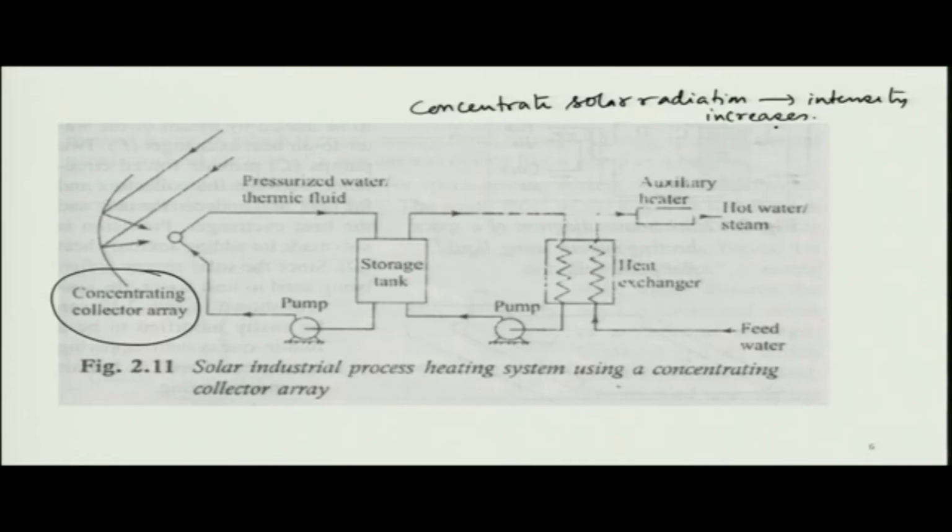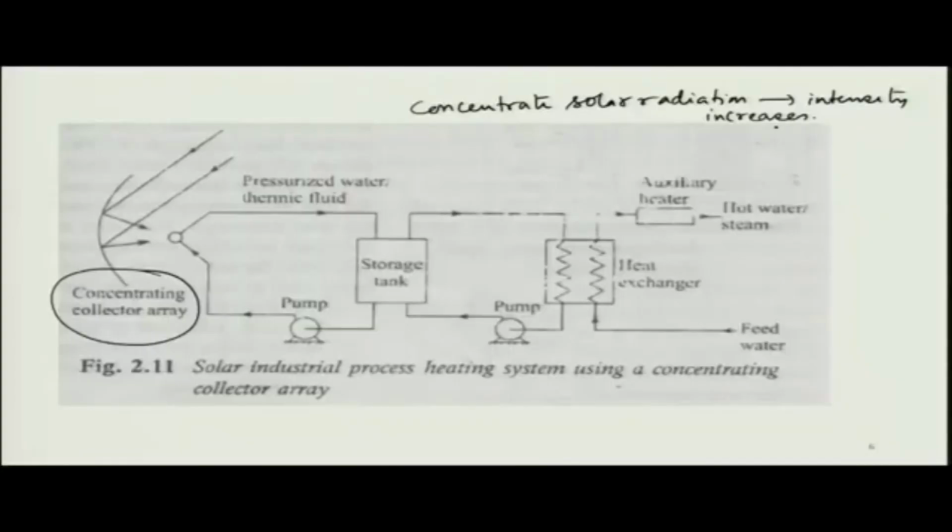So, you can see that if 1000 watt per meter square is the normal solar intensity, okay, and if you go for like 100 concentration ratio, you will have 100,000 watt per meter square on the absorber plate. Okay. So, the intensity can be really pushed up by using concentrator optics.